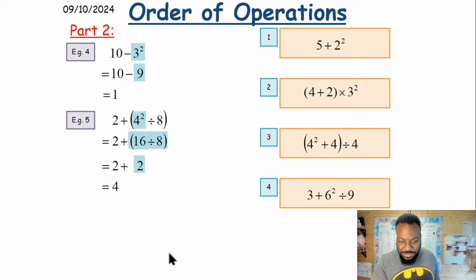If you have speedy answers, put them in the chat box, not much time left. Okay, 30 seconds.